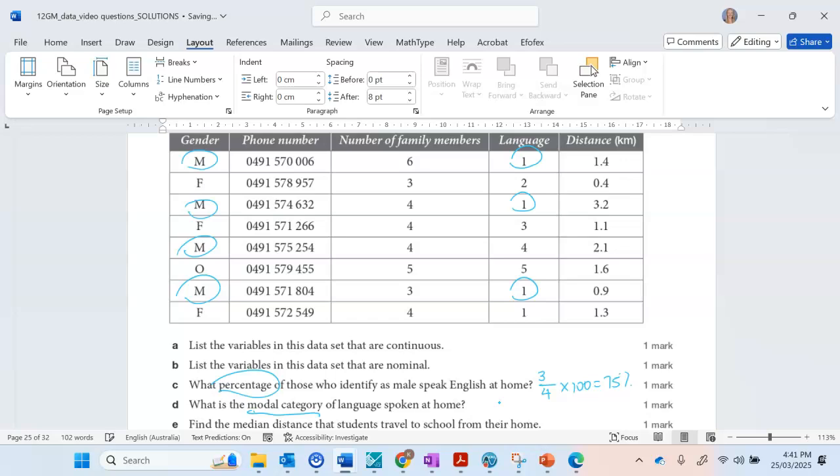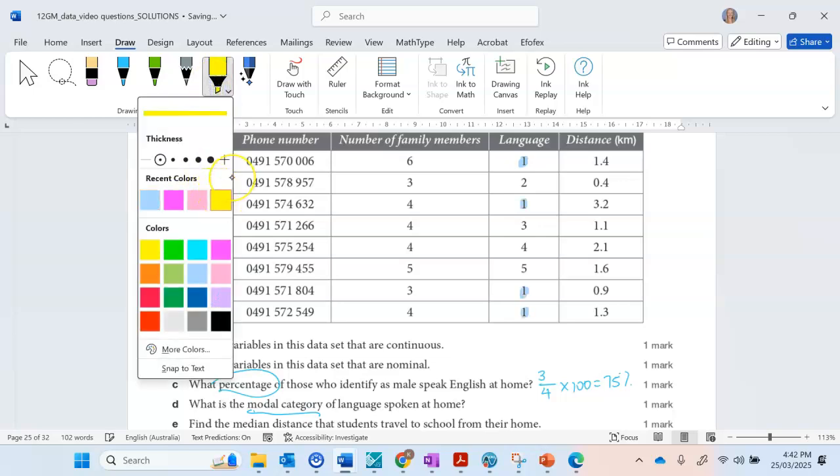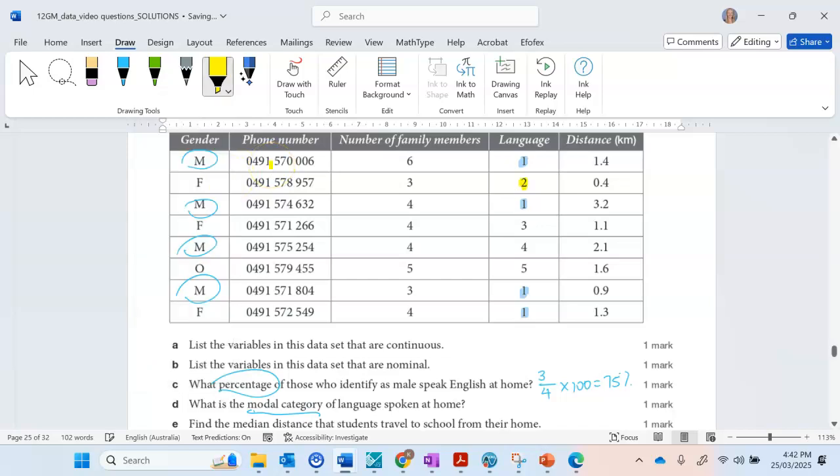So the modal means the mode of language spoken. So I'm just going to clear what I've just circled here. All right, so let's just highlight the number 1 occurs 1, 2, 3, 4 times, and it doesn't really matter what. 2 only occurs once, and then 3.